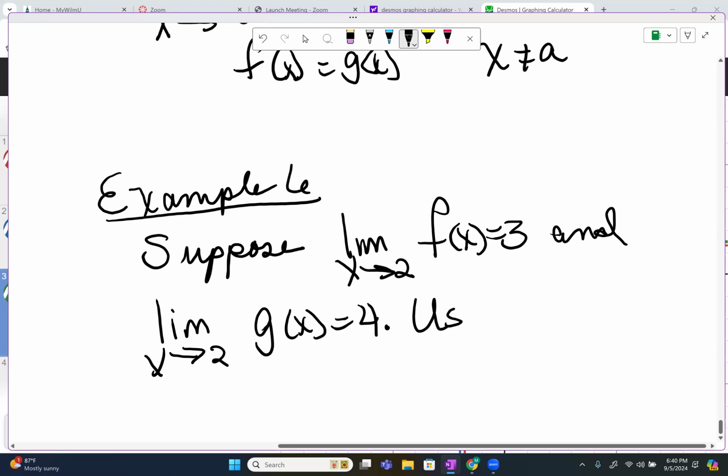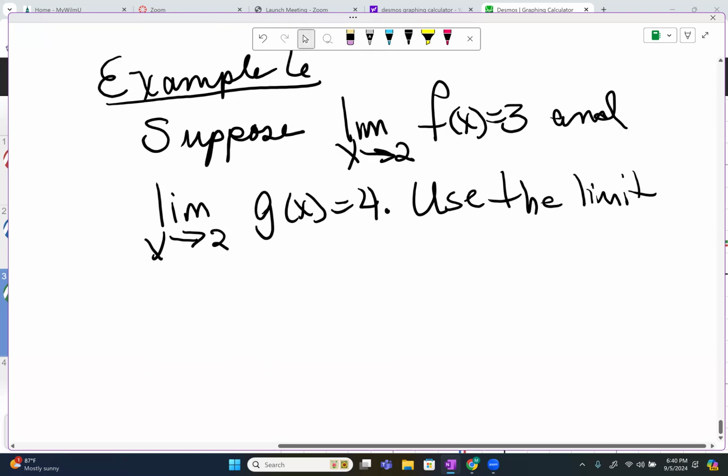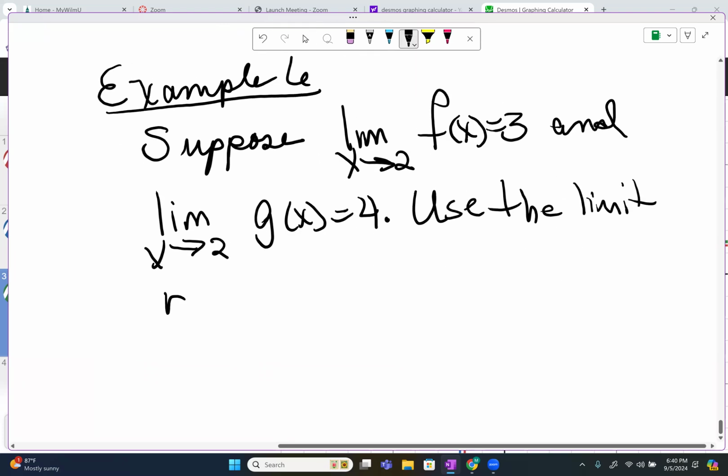It says use the limit rules to find the following limits.